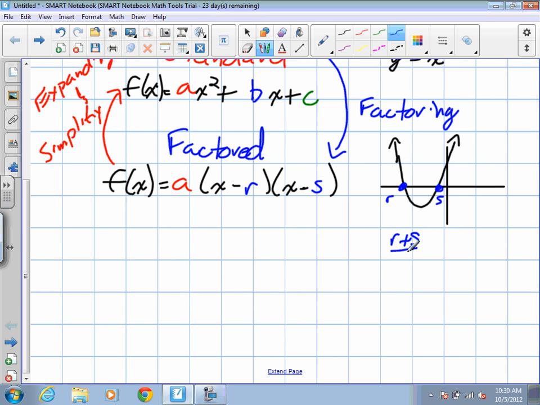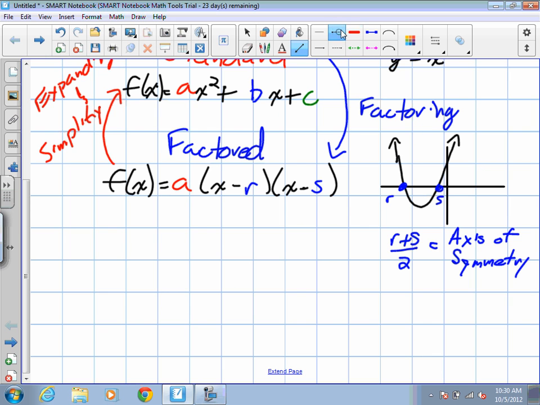Okay? And that gives us something called the axis of symmetry. The axis of symmetry is an imaginary line that runs directly through the middle. I want to use dotted line here. Okay? And then from the axis of symmetry, we can take the axis of symmetry's value and find out what the vertex is.